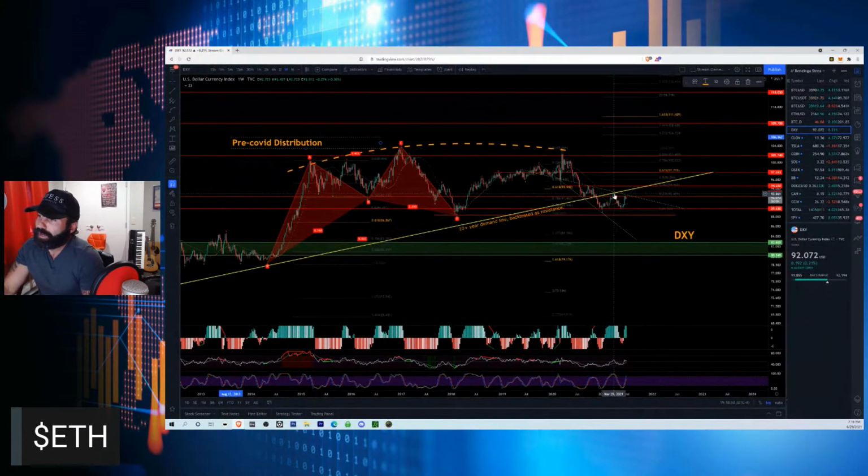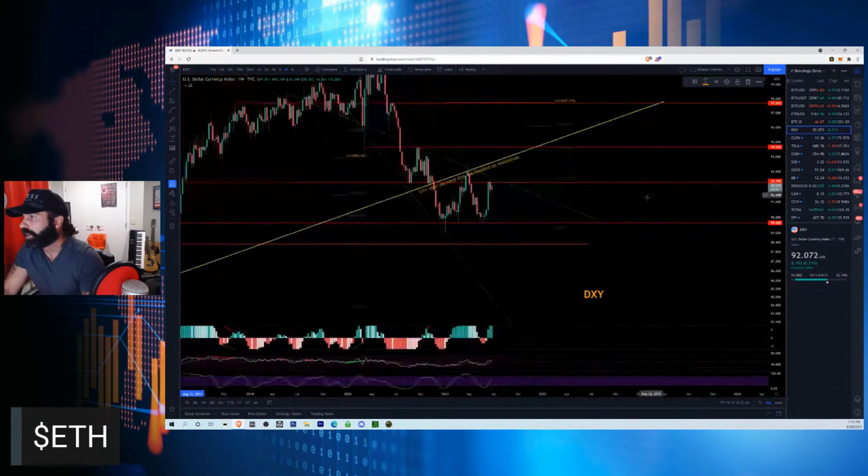And not only do we have that resistance, this 10-year long support that's now resistance, but you also have this horizontal resistance here, right? At about 92.33, we are underneath that. And not only are we underneath it, but it looks like we have back tested what was once support as resistance. It does look like you're trying to get a little bit of action here on the weekly chart.